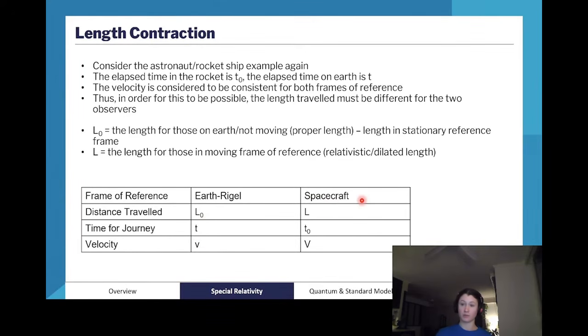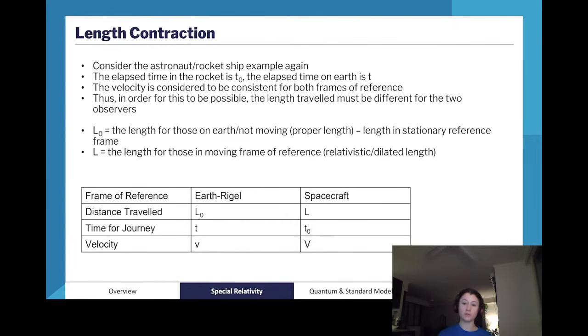In the point of view of the people in the spacecraft, the distance traveled will be L, the time for the journey will be t0, and the velocity will be big V. So as you can see, for the spacecraft, if they want to travel the distance in, I guess, relativistically a shorter time frame, they can travel faster.